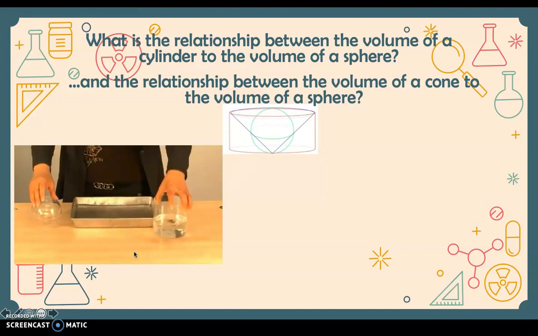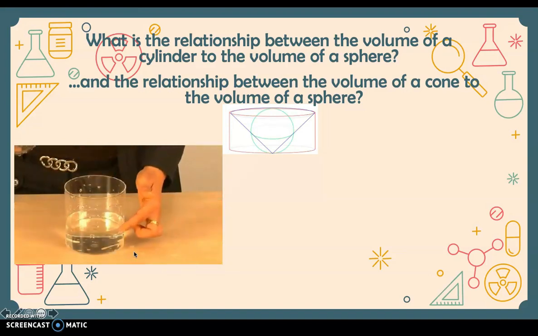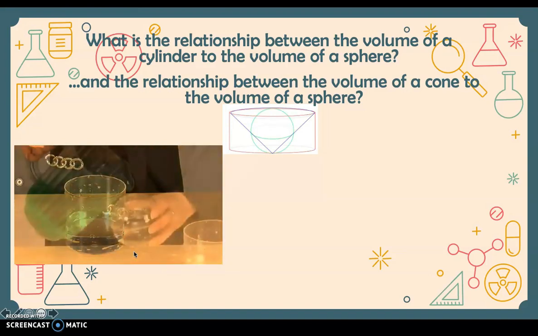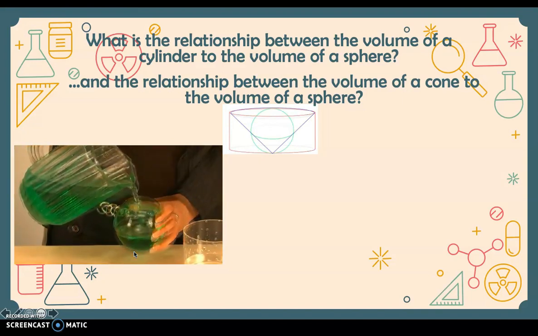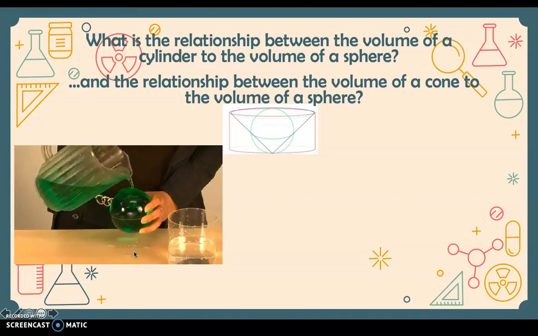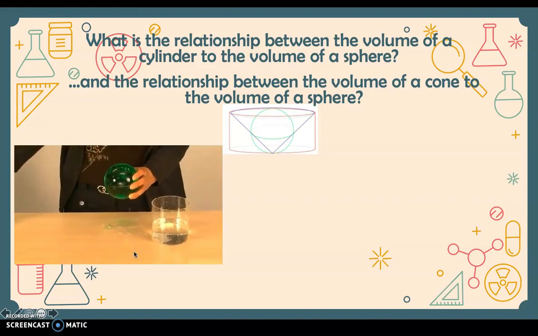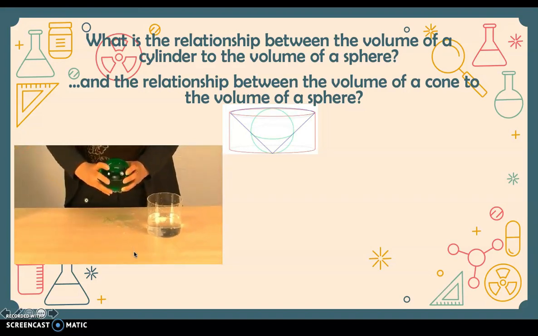The volume of the water left in the cylinder is a third of the original volume. That means the volume of the sphere is 2/3 of the volume of the cylinder.